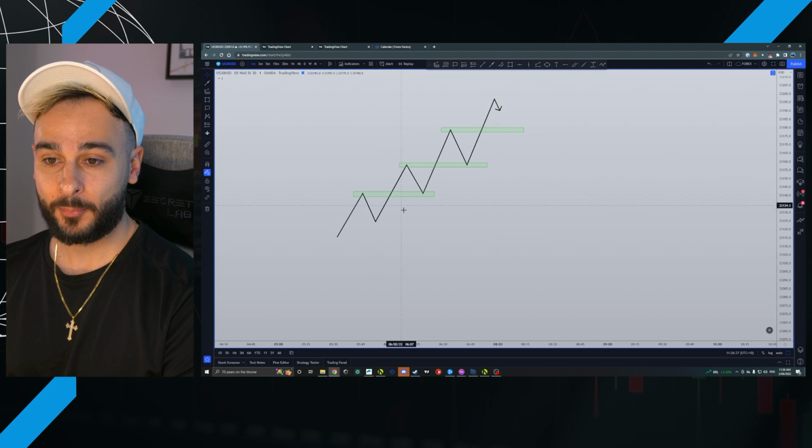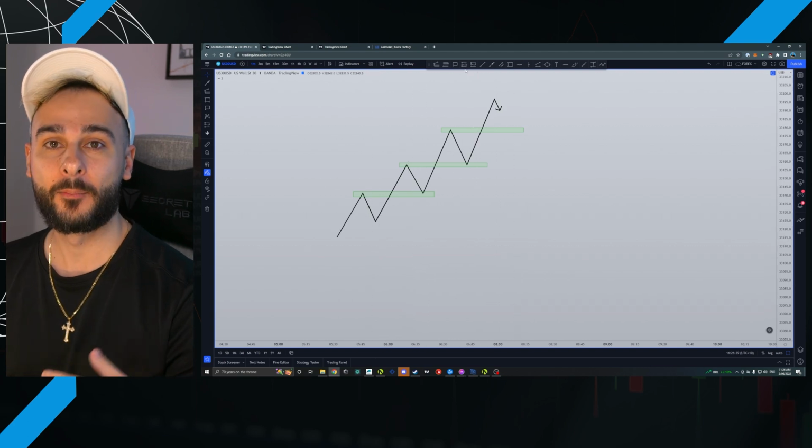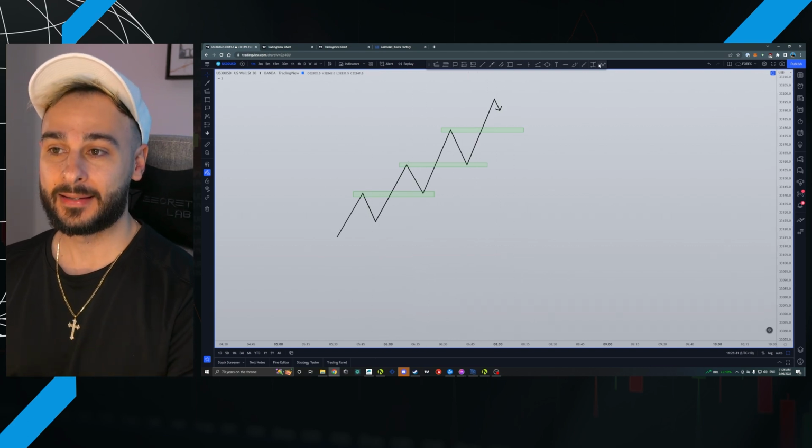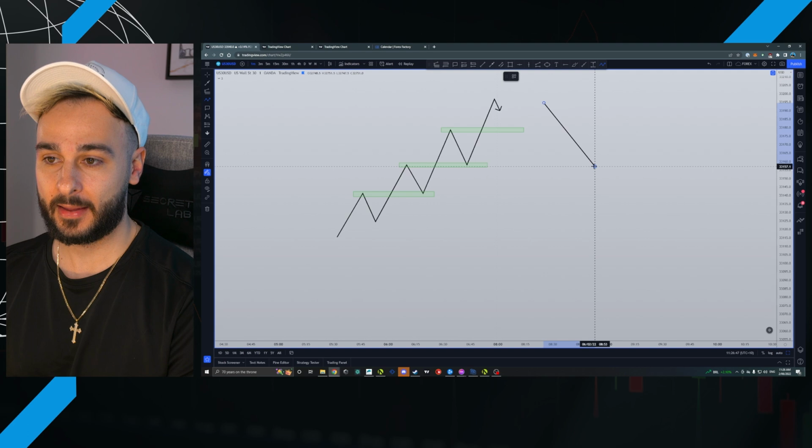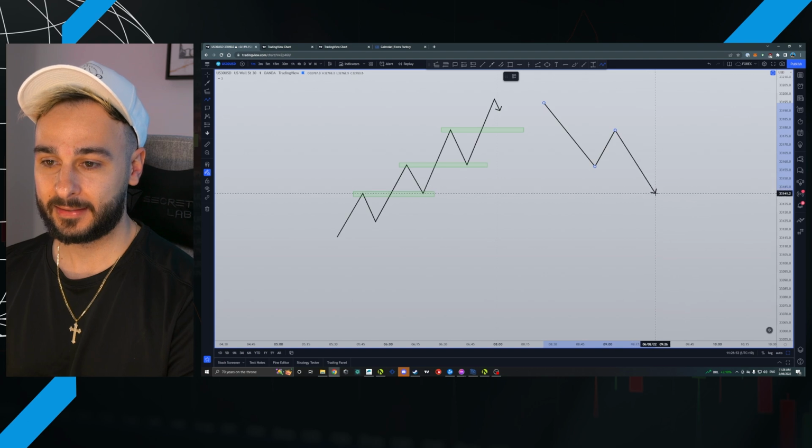So as markets are pushing up, this would be a bullish trend. And the same goes for if the market is doing something like this. So extension, pullback, retracement, next leg down. Pullback, retracement, next leg down.